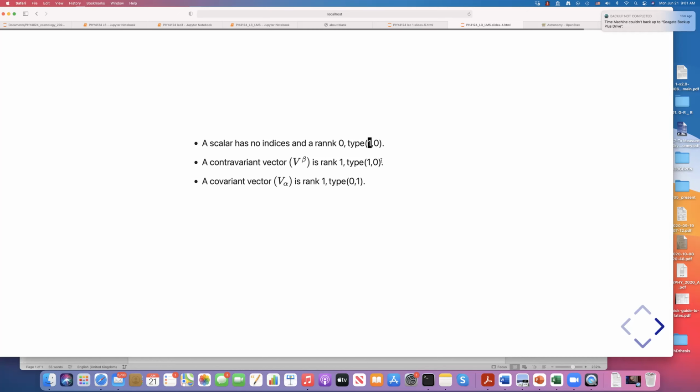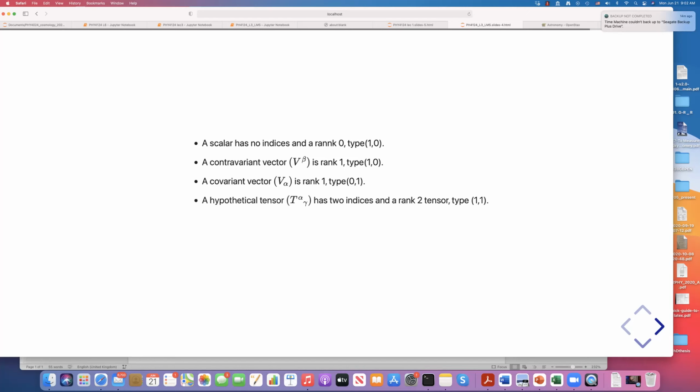And remember the difference between type 1, 0 and 0, 1, right? Because the first one right here inside the bracket represents the upper index, and the second one represents the lower index. Since the contravariant vector has an upper index, it's type 1, 0. When you have a lower index, as in this covariant vector, it will be type 0, 1, right?